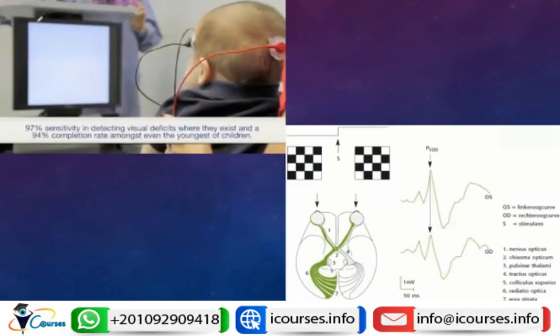Here is a flash stimulus, and here is a checkerboard, and the checkerboard can give a graph, and we will analyze this graph later on. So if the child can see it, then we can know the potential vision of this child.